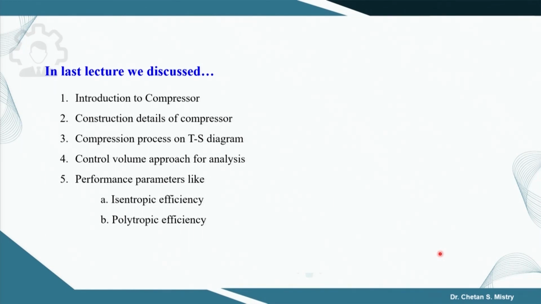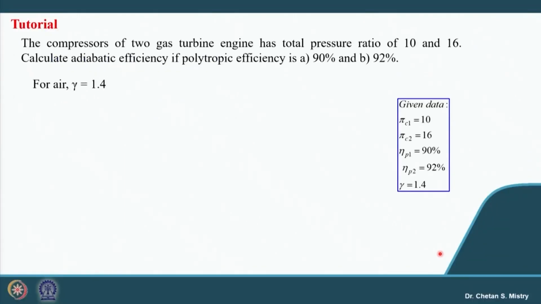Then we tried to criticize the compressor using performance parameters like isentropic efficiency and polytropic efficiency. We ended with one numerical, so let us start solving that numerical and then we will go to the next component.